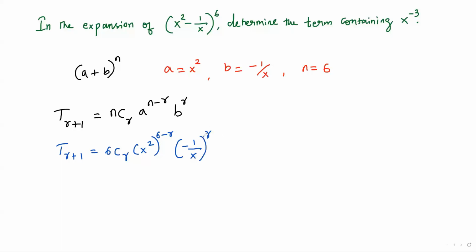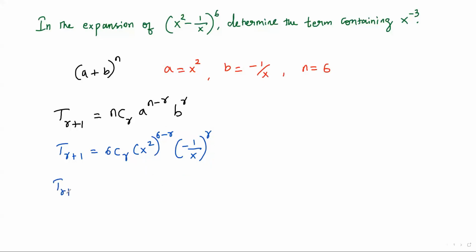Now, if the term contains x to the negative third power, we have to simplify the x terms, and we must get the exponent negative 3. So we have to simplify the terms which contain x.